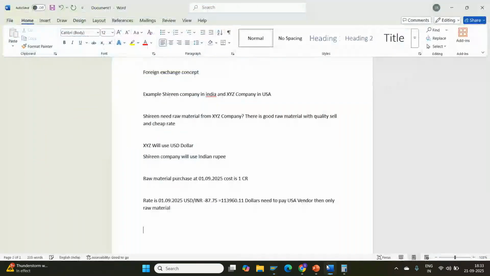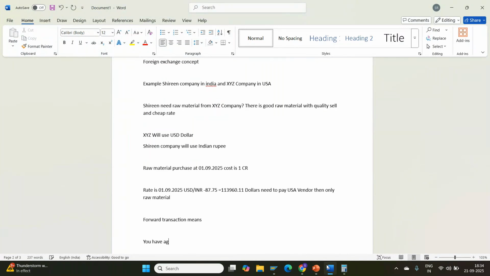Forward transaction means you have an agreement, the buyer has an agreement with the foreign vendor: I will purchase raw material from you on 31st December 2025 at a rate of $85.